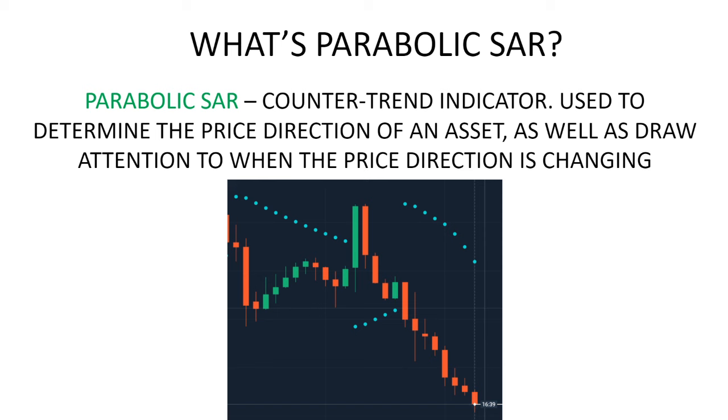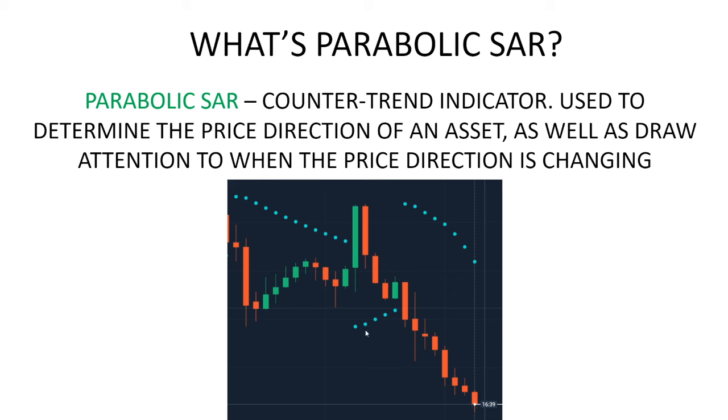And so, what is the parabolic SAR? It is a counter trend indicator. It is used to determine the price direction of an asset, as well as draw attention to when the price direction is changing. It is displayed as dots on our chart. The further away the dots are from the price movement, the stronger the trend.